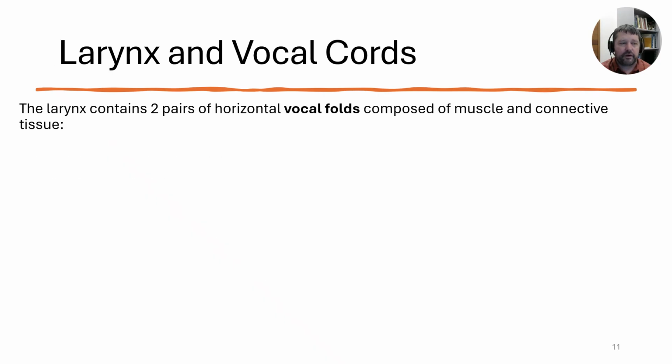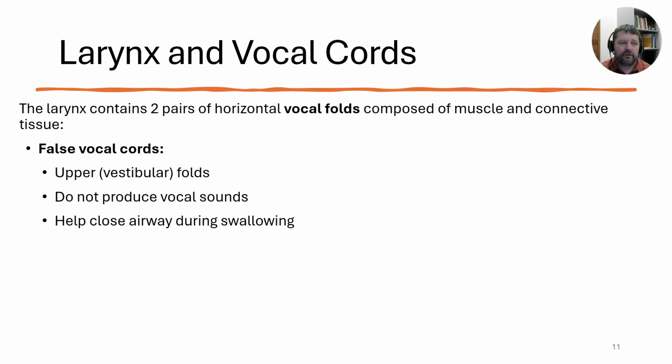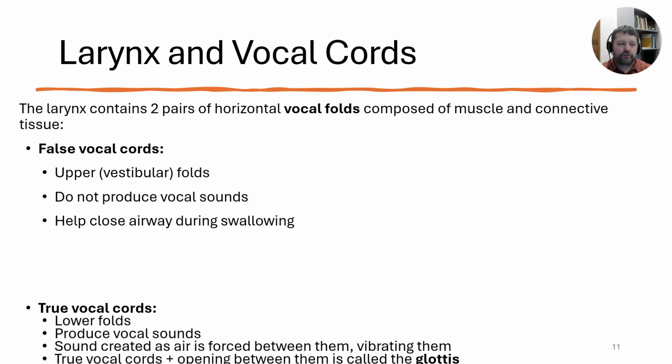Okay, when we're talking about the vocal cords, we're talking about two pairs of muscles and connective tissue that are related to each other. You have the false vocal cords, sometimes called the fake vocal cords, or vestibular folds. These don't produce sound, but rather hold the true vocal cords in place, helping with closing off the glottis and stabilizing the true vocal cords.